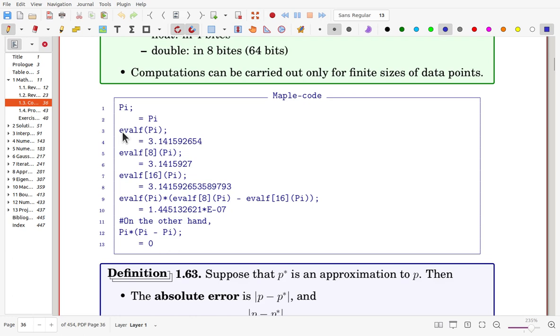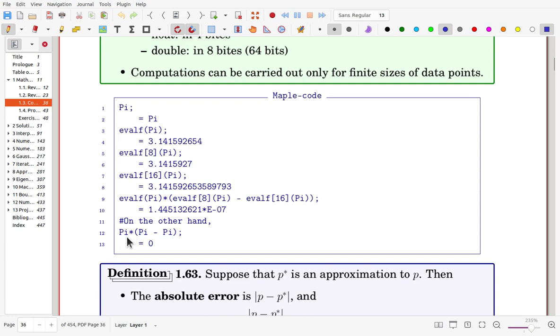Here, the floating point evaluation of pi is given with 8-digit precision, and here with 16-digit precision. We try to get the 10-digit precision times the 8-digit precision minus the 16-digit precision of pi, then we get such a result.